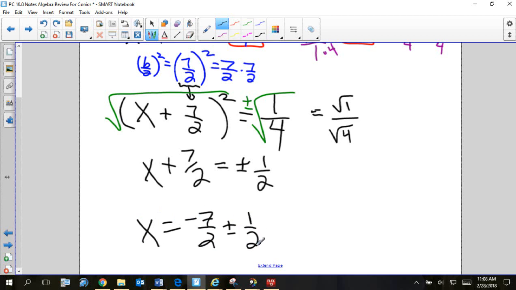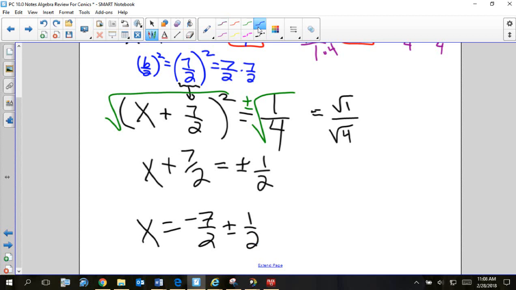Is that my final answer? No. How about is your answer? Nope. This is not the answer. So this one doesn't have the square root left over, so I can actually add these together. I'll stop there. I can add them together.